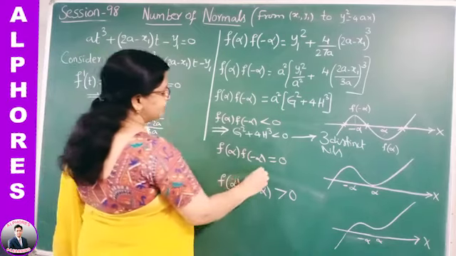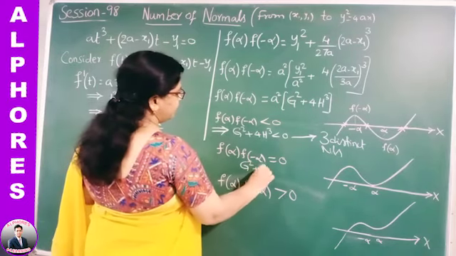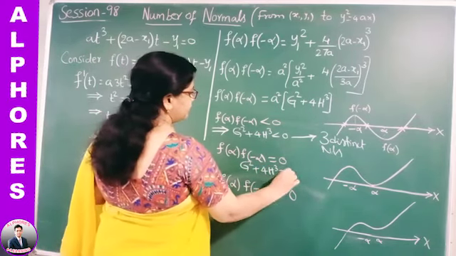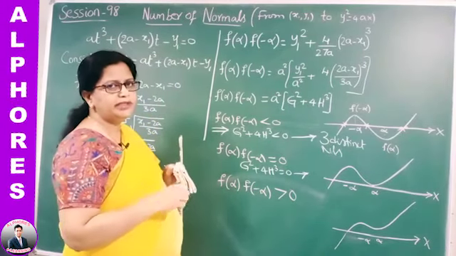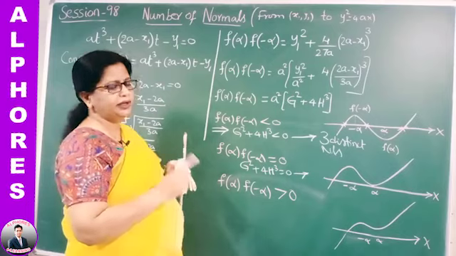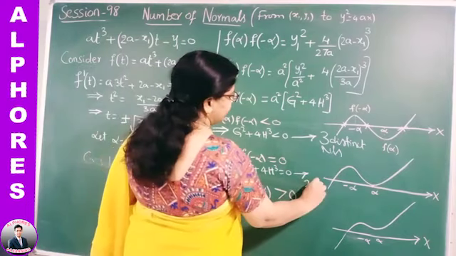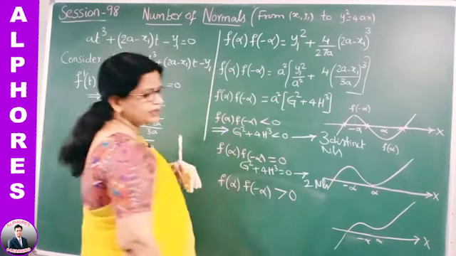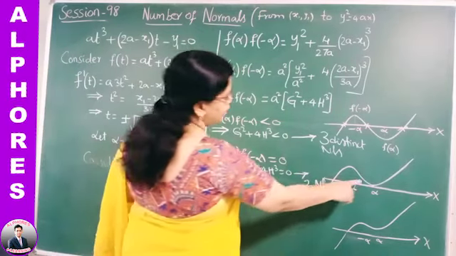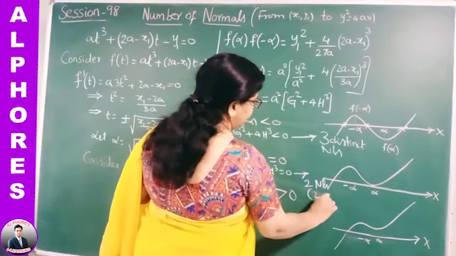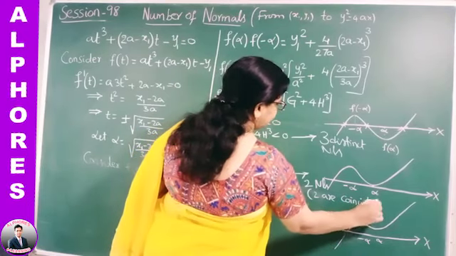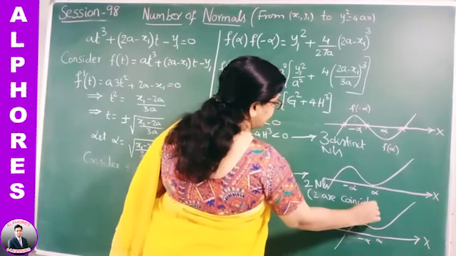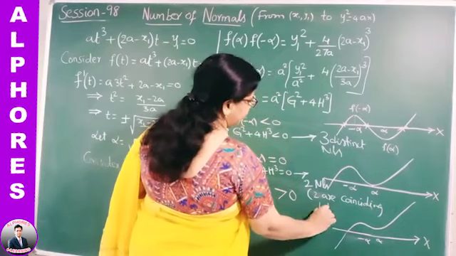The meaning is g square plus 4h cube is equal to 0. That implies 2 normals, where 2 are coinciding and 1 is different. As a whole we say 2 normals exist. Coinciding and the other is different.